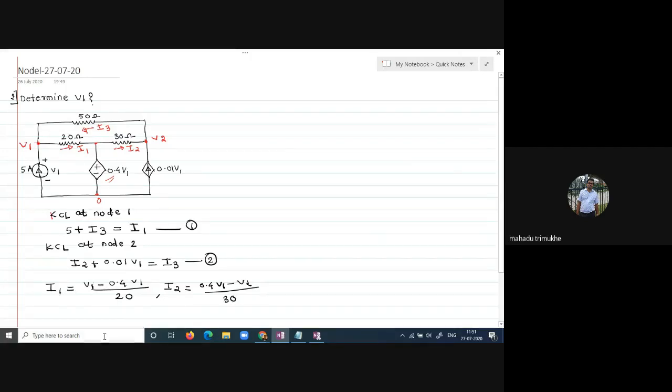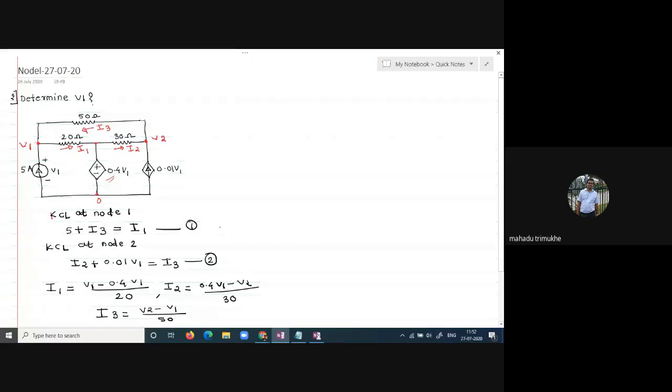And I3 is nothing but V2 minus V1 divided by 50.